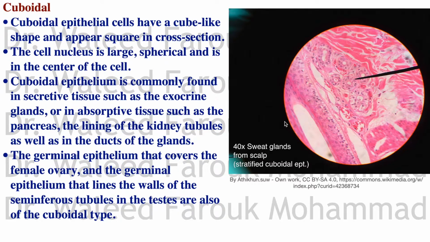These are the sites of the cuboidal epithelium, either simple or stratified. Also, the germinal epithelium that covers the female ovary, and the germinal epithelium that lines the walls of the seminiferous tubules and the testis are also of the cuboidal type.